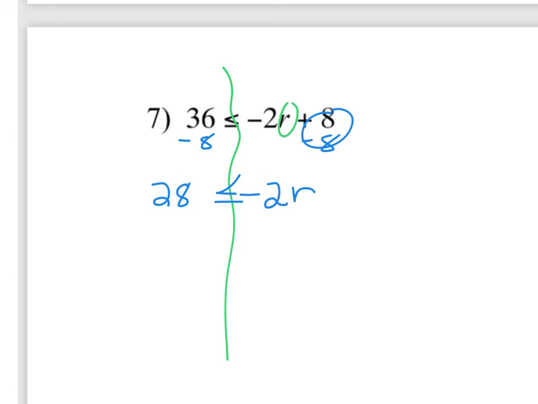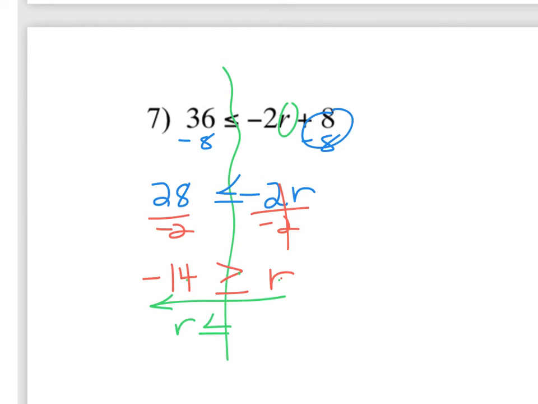Okay, divide by negative 2, switch the sign. 1r negative 14. So r, I'd like to read it going this way now. R is less than or equal to negative 14.